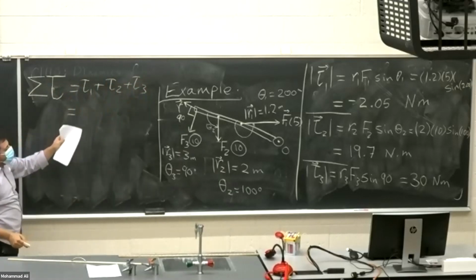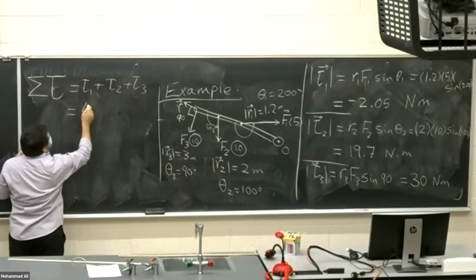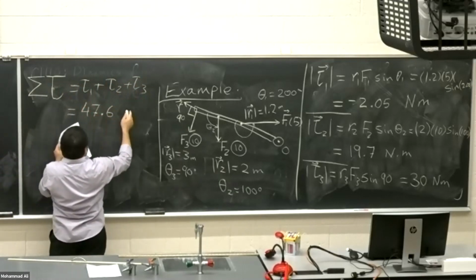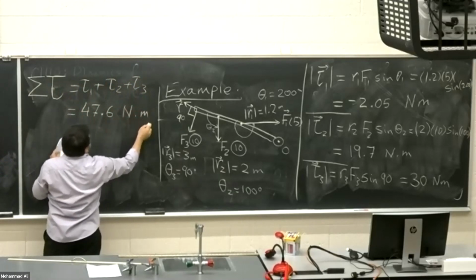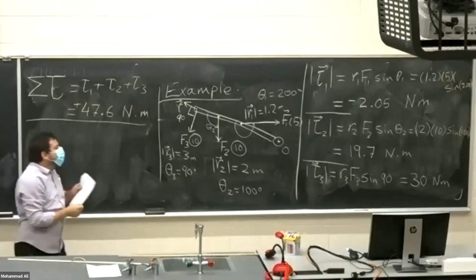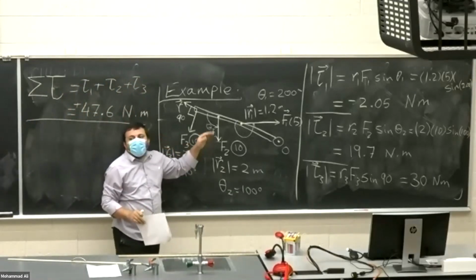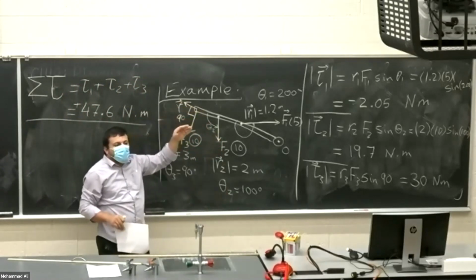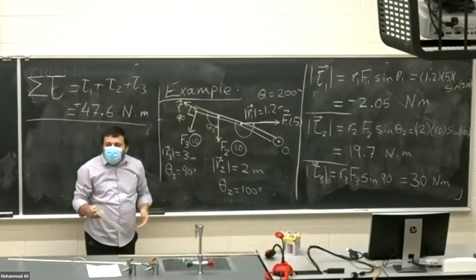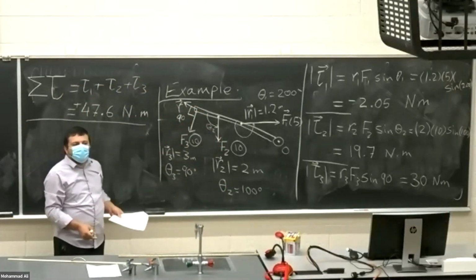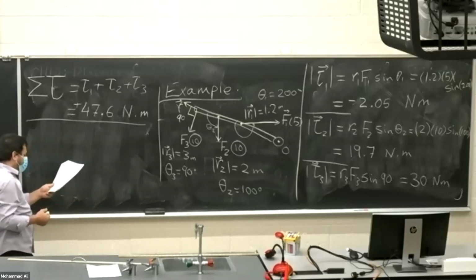Add them together, it will be 47.6 Newton meter. It is positive. Then the rotation or the acceleration of this object will be counterclockwise or positive. We will see now what is the acceleration. We know it. It is alpha, the angular acceleration. We dealt with it from before.